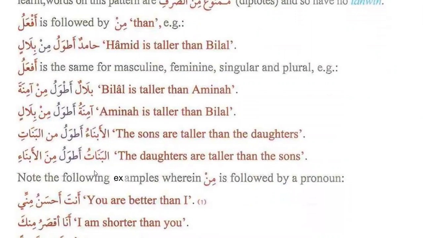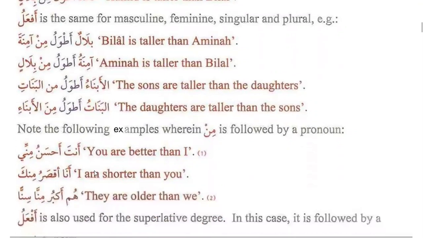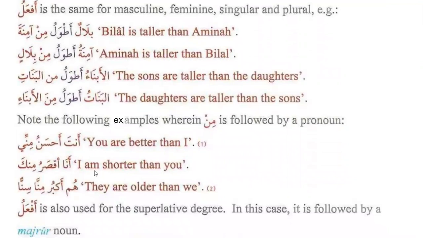Bilalun atwalu min Aminata. Amina is taller than Bilal. Aminatu atwalu min Bilalin. The sons are taller than the daughters. Al abna'u atwalu min al binati. The daughters are taller than the sons. Al binatu atwalu min al abna'i.